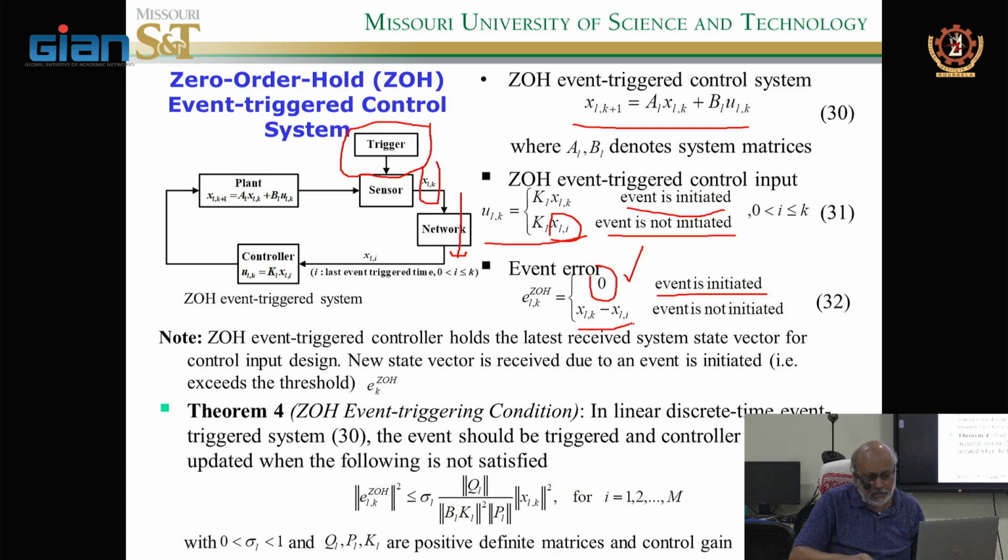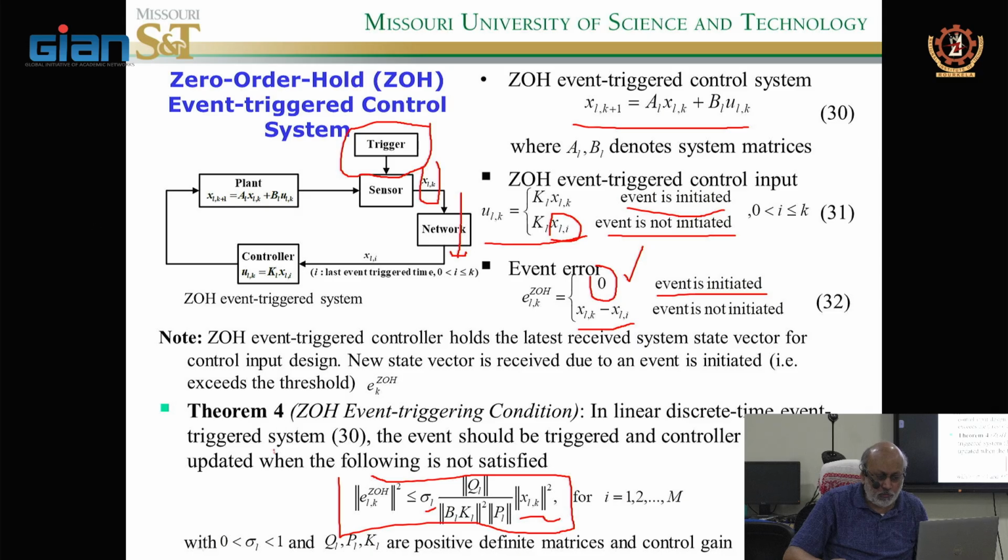As it increases, you have to have a condition, and you can see this is the condition. You select that the error is less than some value sigma_L times some constant matrices times the norm of the state.